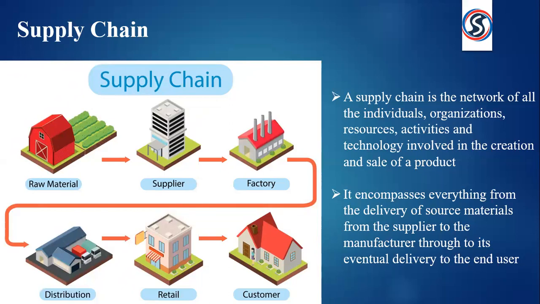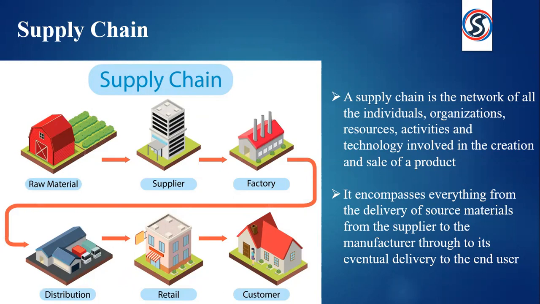So the first step of any supply chain, of selling and buying a product, of manufacturing a product, always starts with the raw materials, because without the raw materials we can't make a product. If you can't make a product, then how are you going to distribute it, how are you going to sell it?